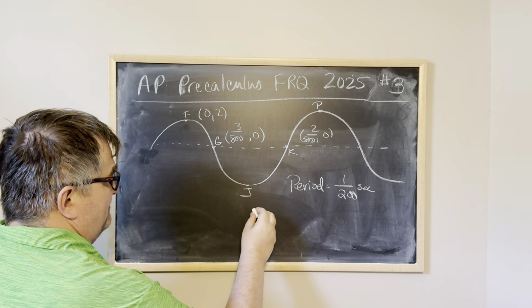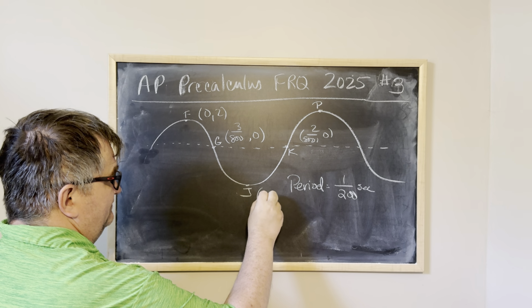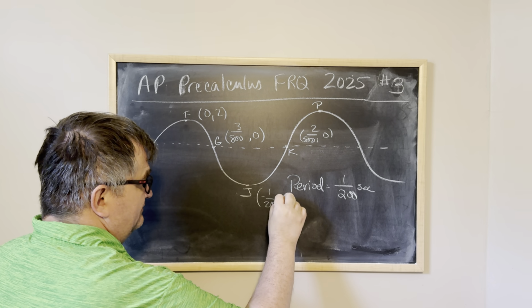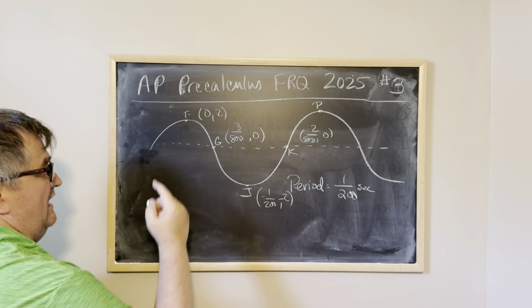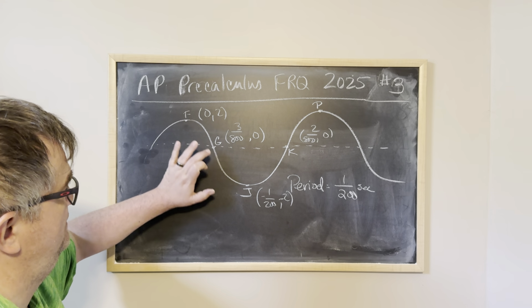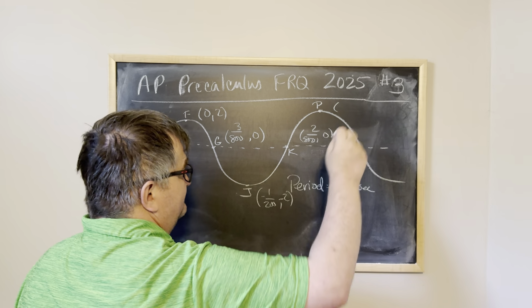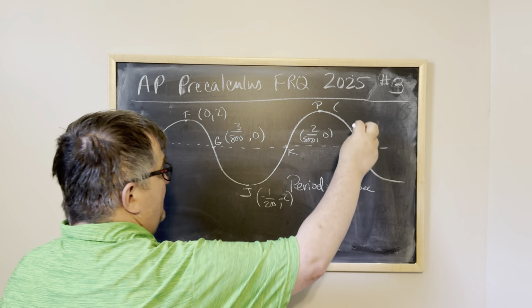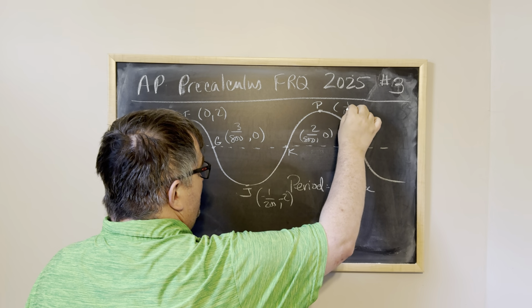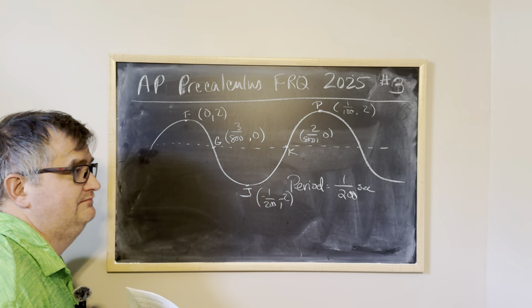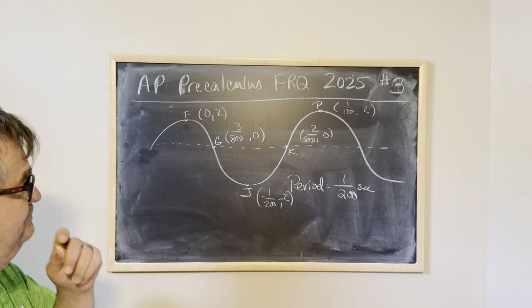And we can say this right here, because we know the y's. We know it's 2, 0, 2. Back up. And we can say this is 100, 2. We can make that claim.